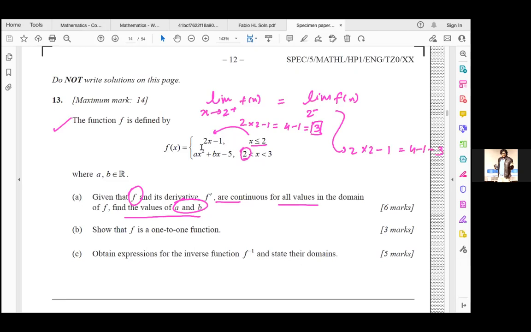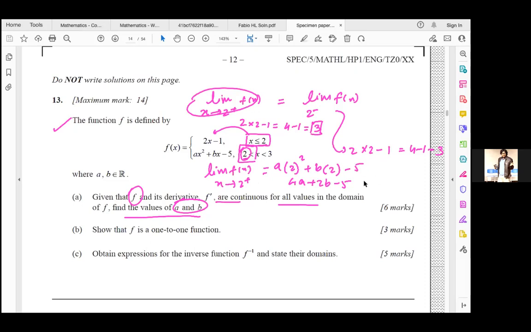And so in this case, what you see is that for x less than or equal to 2, this function is valid, and for x greater than 2, this function is valid. So now when you take the limit for x greater than 2, so that's this function, the limit of f of x as x tends to 2 positive, I'm going to take this function. So here what you see is that it's going to be a times 2 squared plus b times 2 minus 5. That's 4a plus 2b minus 5.